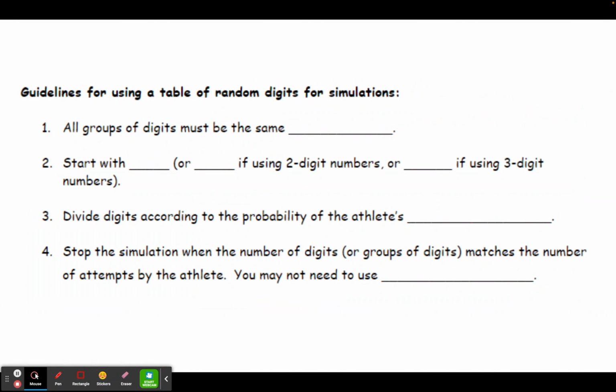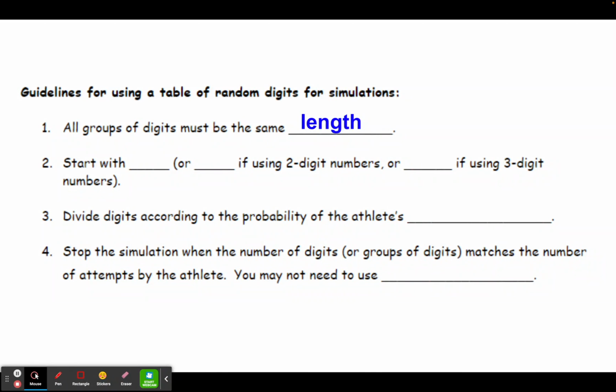When we use the table of random digits for simulations, there are a couple of guidelines you have to follow. Like we did with spinners and coins, we have to come up with a plan for how we're going to divide the outcomes to match the probabilities in the problem we're trying to simulate. All your groups of digits must be the same length. If you're working with one digit numbers, everything has to be a one digit number.